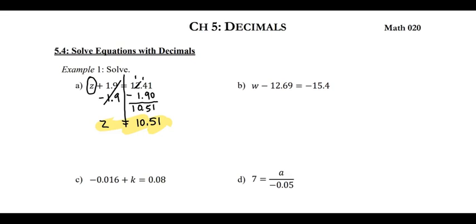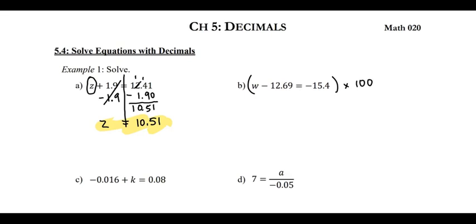That means I need to multiply the entire equation by a power of 10. Because the 12.69 has two numbers after the decimal point, if I multiply by 100, I move the decimal point twice, and I will have all regular numbers here. So let's go ahead and do that. Multiply by 100.